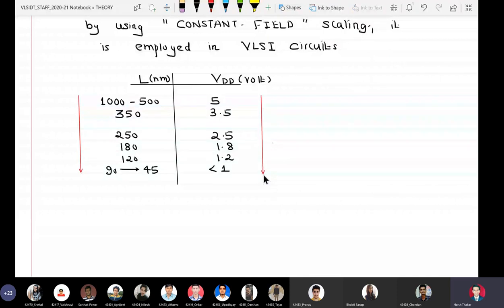So when I say VDD, actually it is a core voltage.